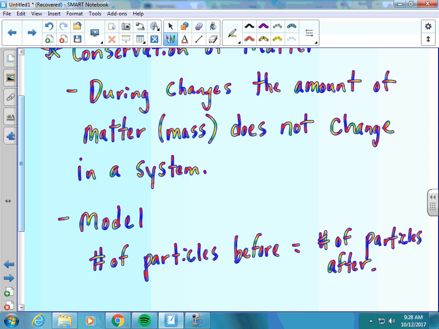Now, are they all still in the system? I don't know. You know, we talked about the yeast and the hydrogen peroxide. So if I wanted to show conservation of matter in this example with yeast and hydrogen peroxide, then maybe I could say, well, let me think about this. We lost some of the particles.